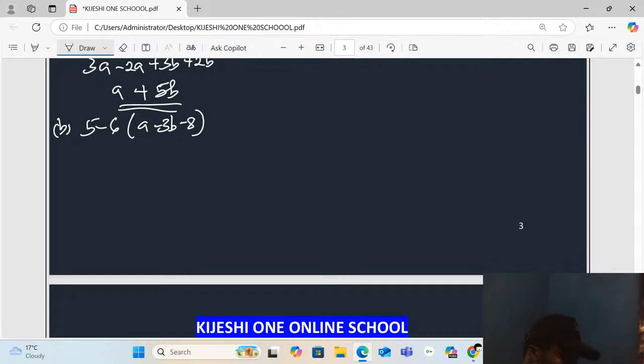So what we're going to do is open up the brackets first, then collect like terms. Therefore, we're going to have 5 minus, so open the brackets. 6 times a, that is 6a, minus 6 times 3b, we're going to get 18b.